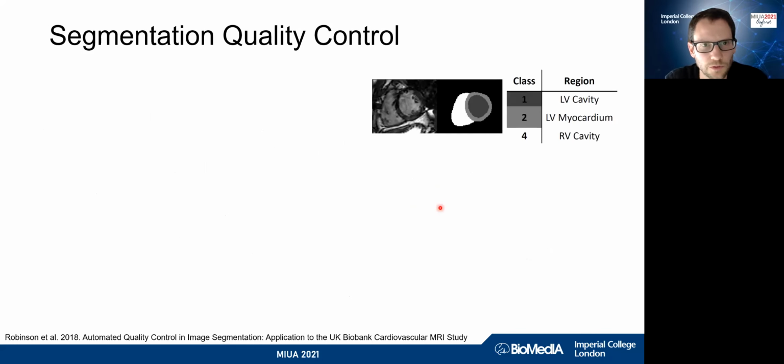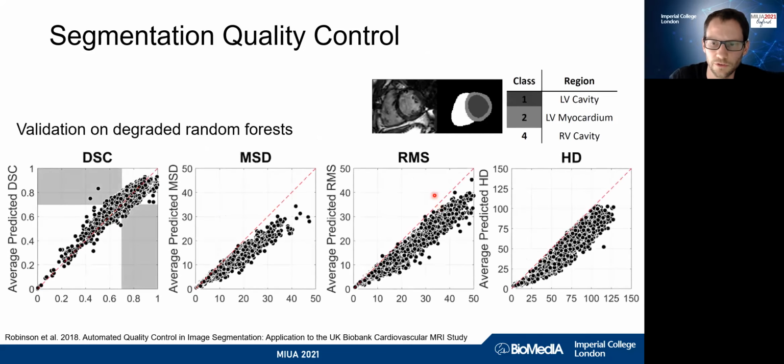And whether this works, we have tested again in a large-scale study. We used the UK Biobank cardiac MR data, where we had many thousands of segmentations in a system for segmentation quality control. So here, for instance, in the first simulated setting, we used a random forest, which we artificially degraded by limiting its depth to produce different quality segmentations.